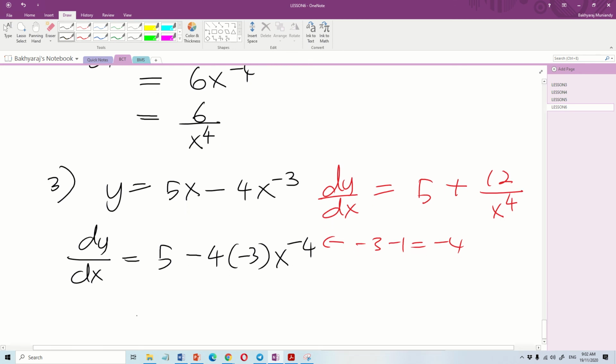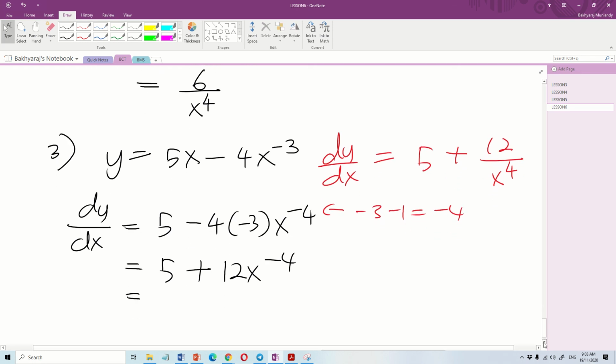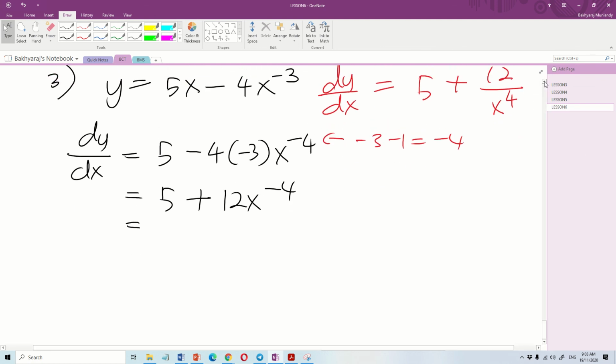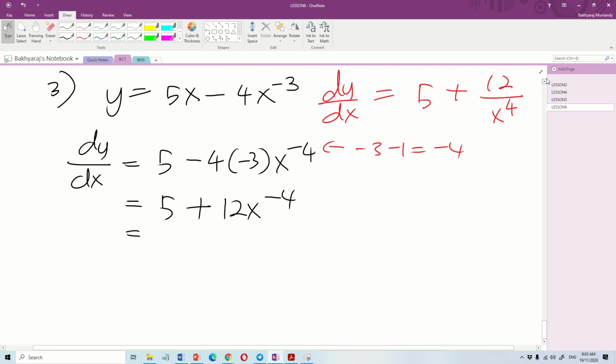So the answer is 5 plus 12 x power of negative 4, and changing negative power to positive power is 5 plus 12 over x power of 4.